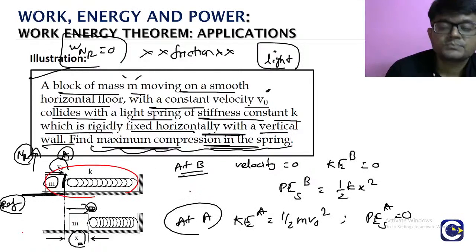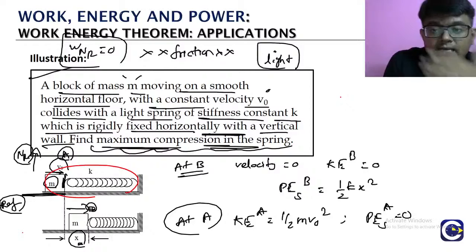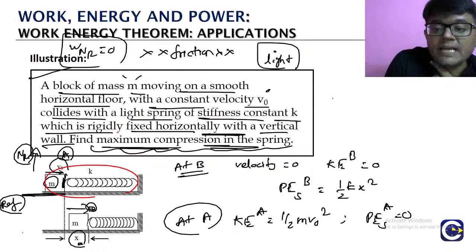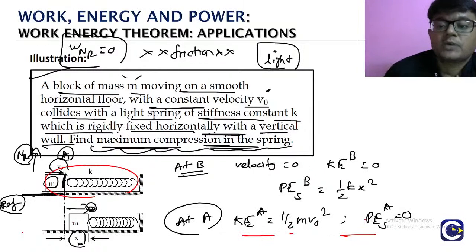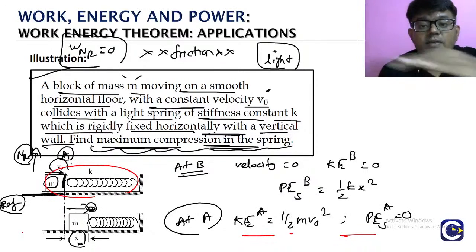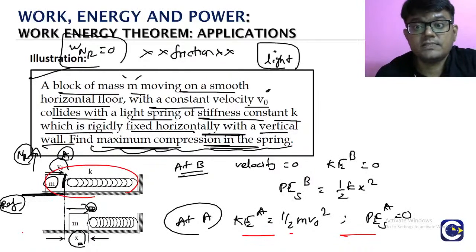For this, when you apply conservation of mechanical energy, what do we have? Initial starting point A, kinetic energy plus spring potential energy. Here, why is the gravitational potential energy of the mass m not coming into the picture? Because it is always moving along the reference line, so it is always 0.